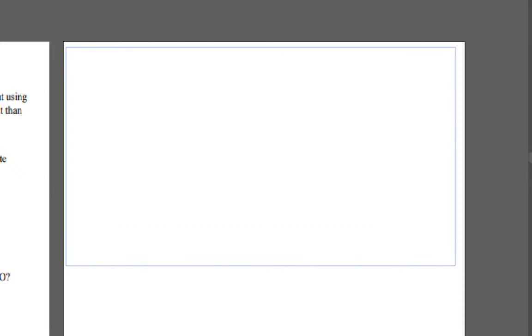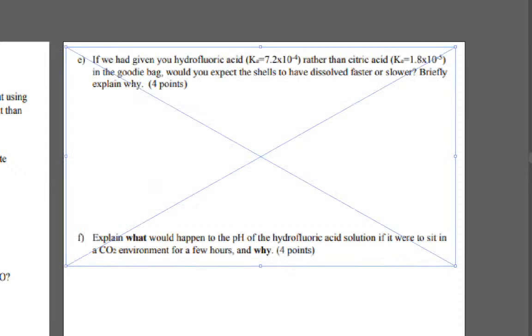Okay, so part E. If we had given you hydrofluoric acid, 7.2 times 10 to the power negative 4, rather than citric acid, 1.8 times 10 to the power negative 5, in the goodie bag, would you expect the shells to have dissolved faster or slower? Briefly explain why. Okay, so the shell is actually made out of calcium carbonate.